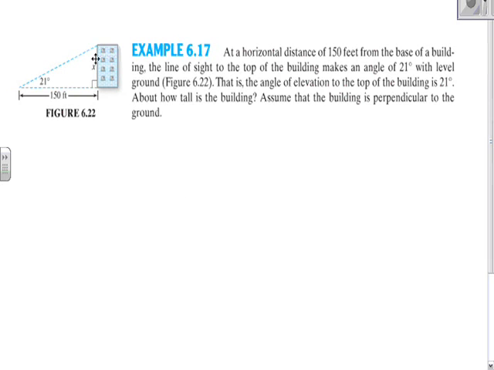The height of the building is the opposite side, and our distance is the adjacent side, so we have opposite and adjacent. That goes with tangent. So we're going to use tangent of 21 degrees equals opposite over adjacent, x over 150.